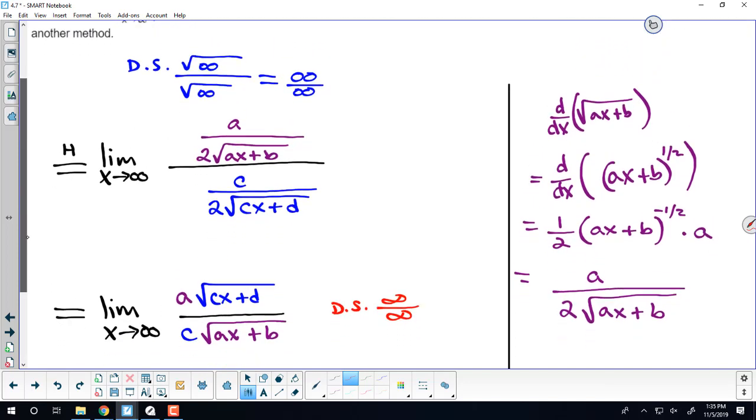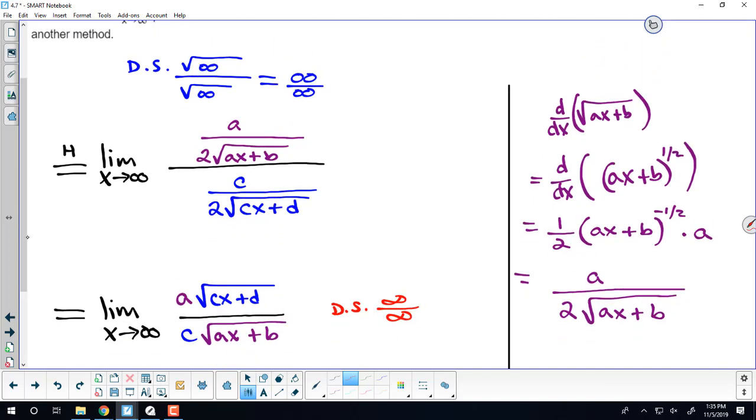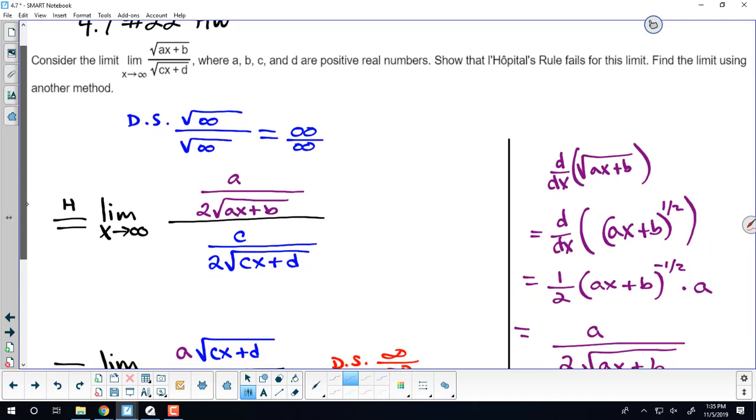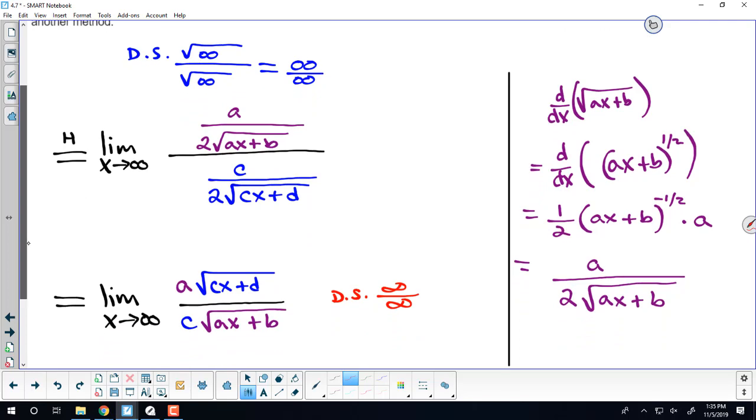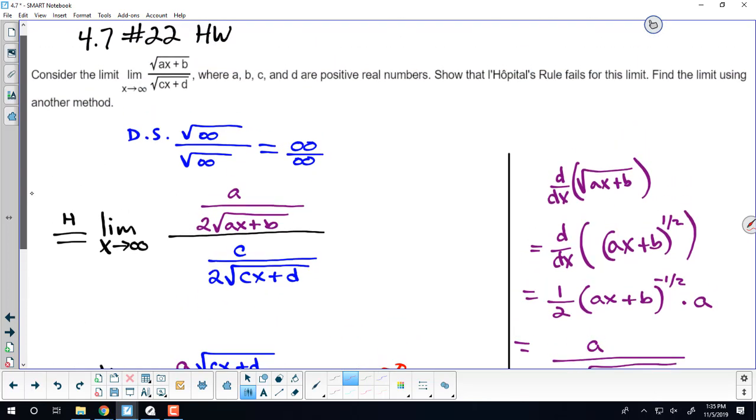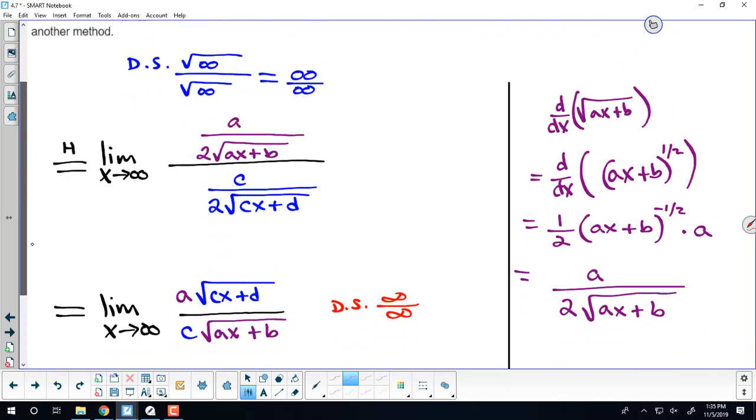Does anyone have any questions about that? So with that in mind, that's pretty much showing L'Hopital's rule fails because the limit is always infinity over infinity. And then it says, find the limit using another method.